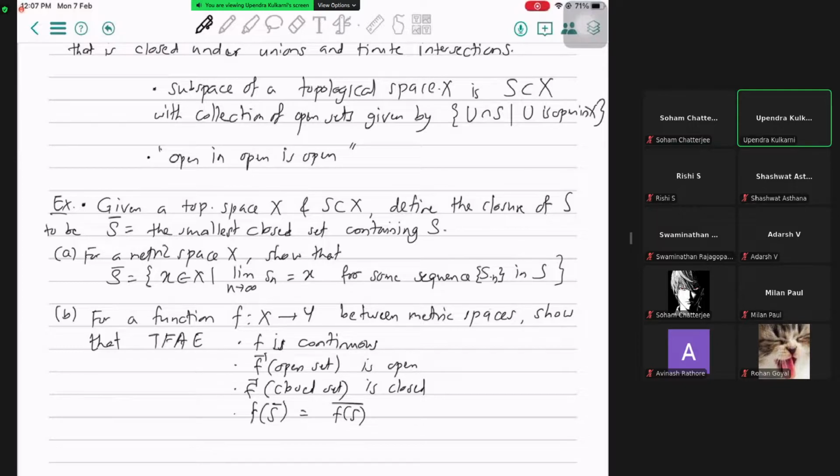I have introduced a mistake. So if you're doing this exercise, your job is also to find out this mistake. Something is not quite right. If inverse of closed is closed, but open is open, is it?